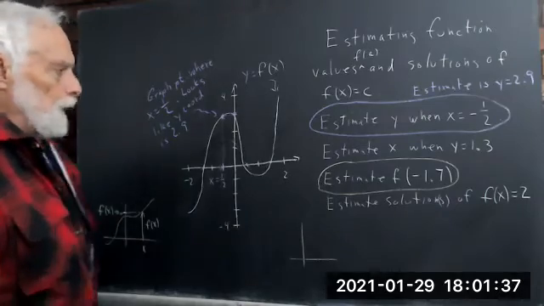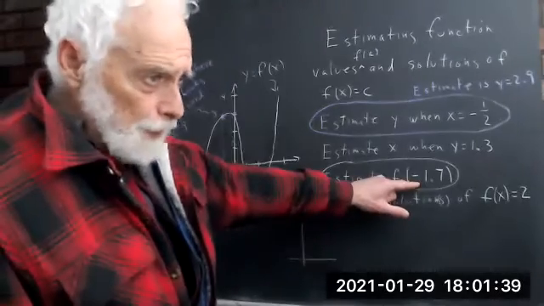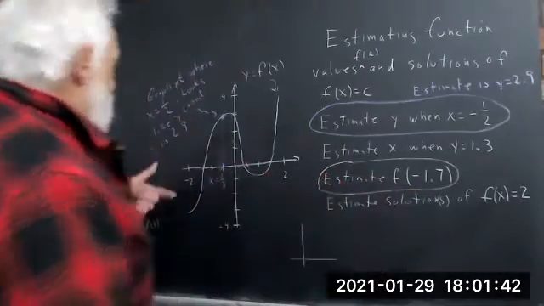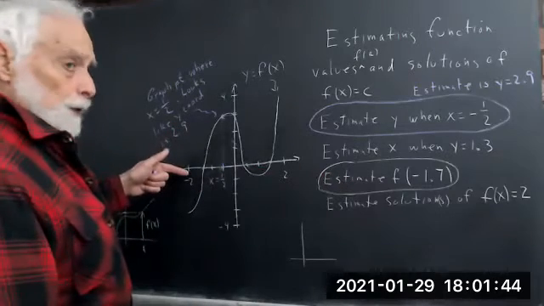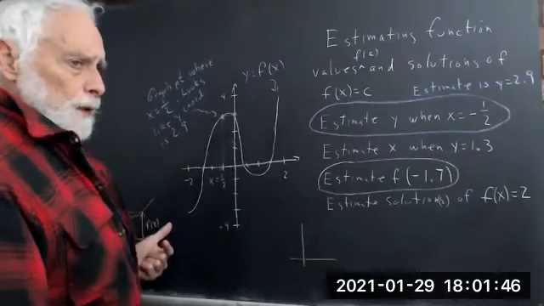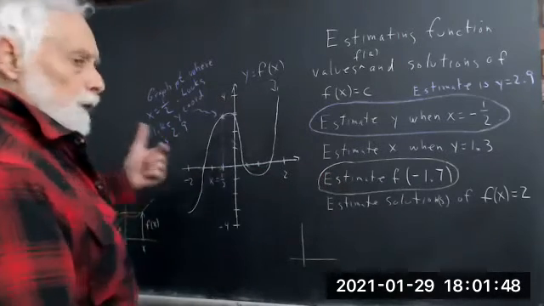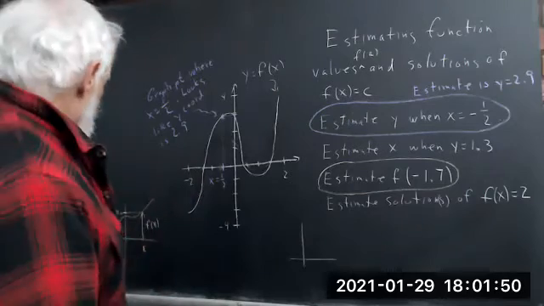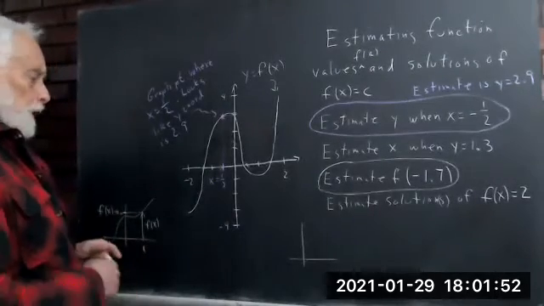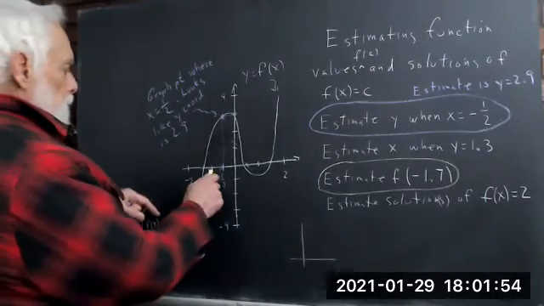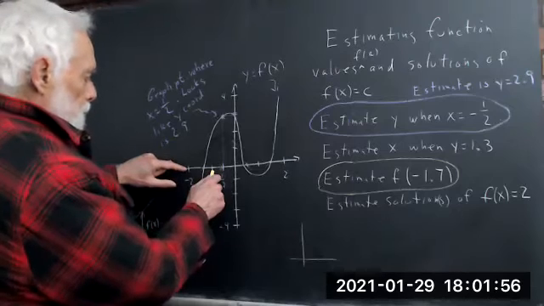So if we want to do f of negative 1.7, we're going to find negative 1.7 on this graph, and we're going to see what the value of y is for that point. That's all it takes. This picture should make that fairly clear. Here's x equals 1, here's x equals 2.